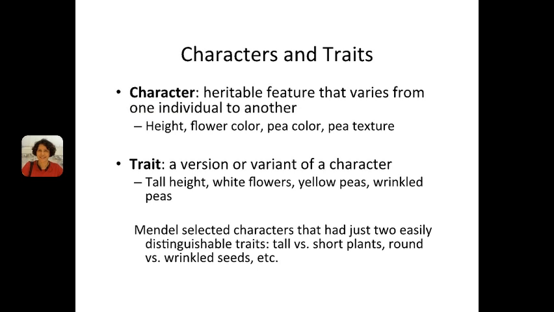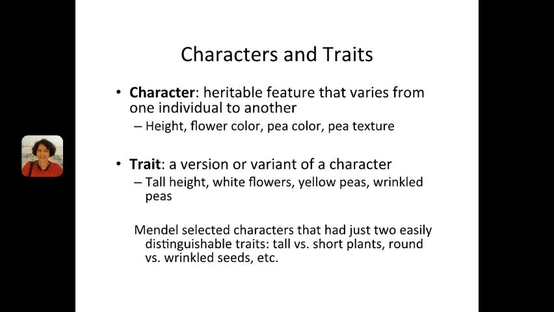A trait is a version of a character. So within the character height, you can have tall height and short height. Within flower color, you can have white or purple. Within pea color, you can have yellow or green peas. And within pea texture, you can have wrinkled peas or smooth, also called round peas.